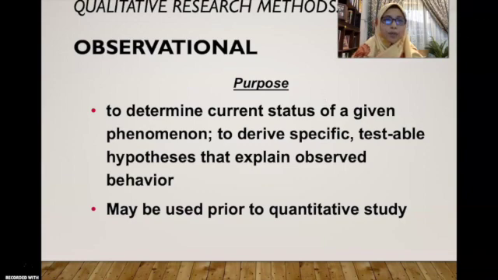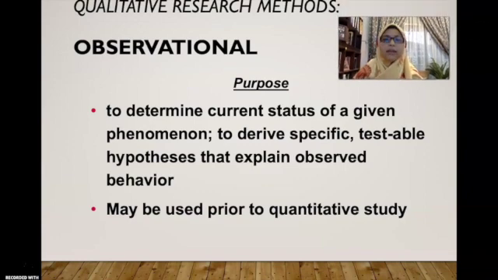Next one is the observational research method. The purpose of doing observational research method is to determine the current status of a given phenomenon, to derive specific testable hypotheses that explain observed behavior. So when you are doing observational qualitative research, it usually involves the current status of a given phenomenon, it is specific, and you want to observe certain behavior.